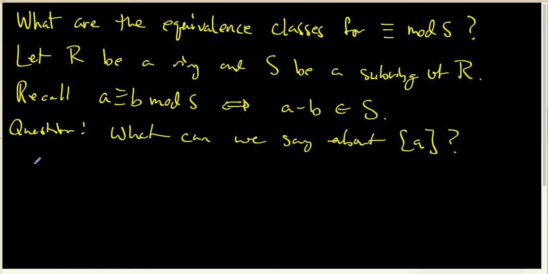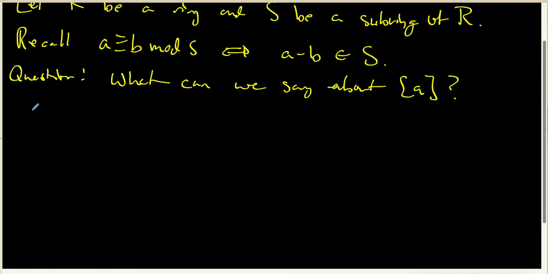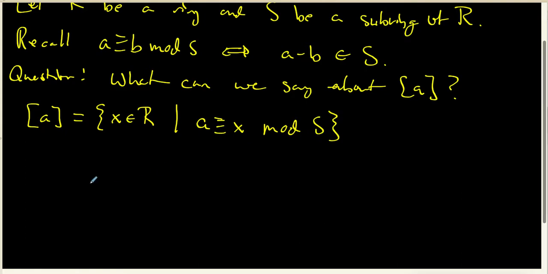Well, let's actually investigate this simply by starting with the definition and see where it leads us. We know that the definition of this particular equivalence class is everything inside the ring such that A is congruent to that X mod S. So I'm simply going to let X be inside that equivalence class that contains A. And that's going to imply that X is indeed inside this set.